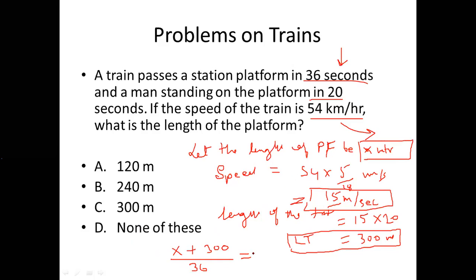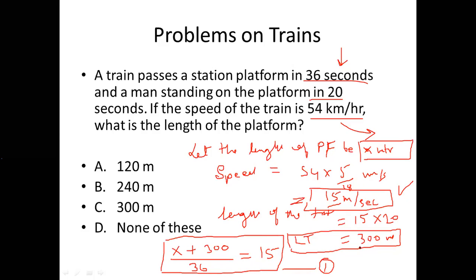Then speed is equal to distance upon time. So speed is given as 15 meters per second. We simply substitute this to get this equation. Now solve this equation.